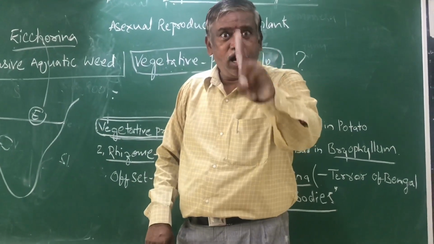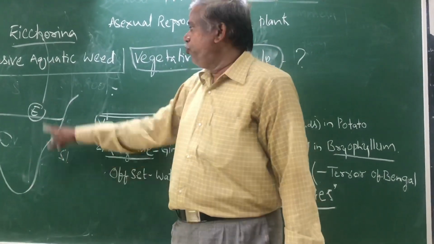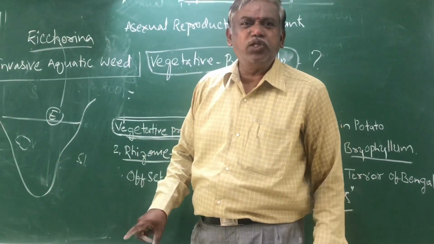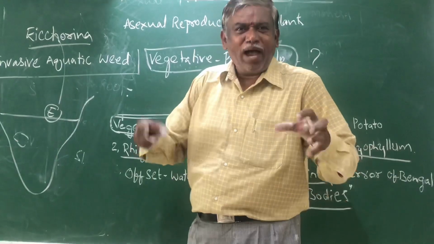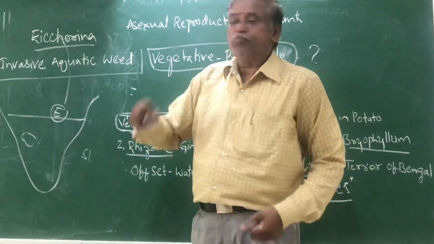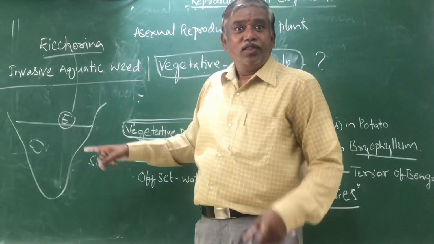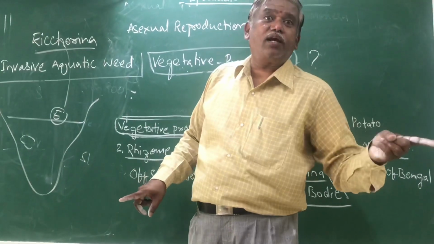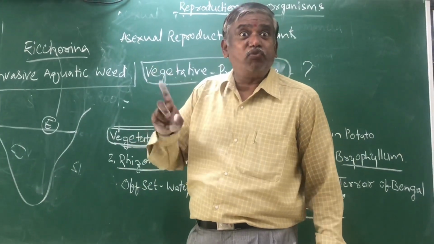If Eichhornia is there, there is a drastic reduction of dissolved oxygen: up to 90% of the dissolved oxygen present in the water is absorbed by Eichhornia. This causes a deficit of dissolved oxygen for other aquatic organisms, leading to the death of fishes and others.